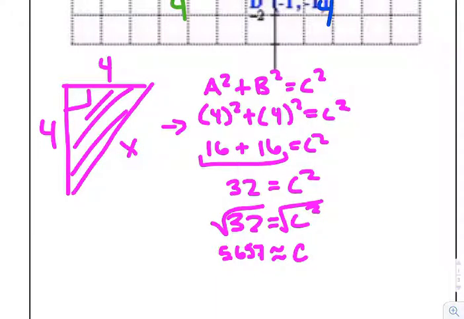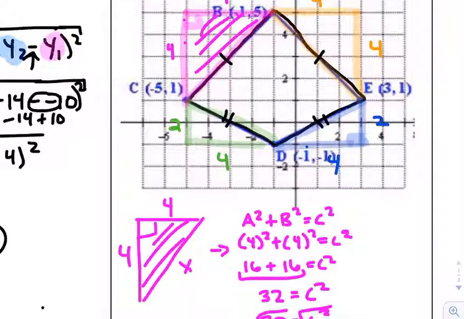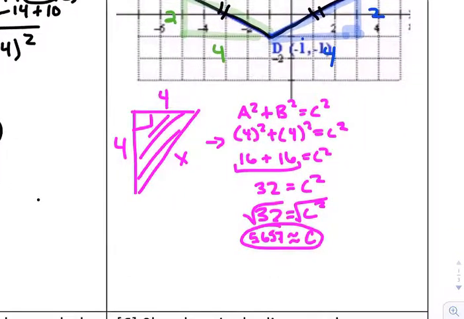All right. And so again, that's really just going to be for this guy right here. But since it's the same on both sides, all I really have to do is multiply this guy by 2, and that will give me half my perimeter. So that would end up being 11.314. And again, that's going to be half my perimeter.